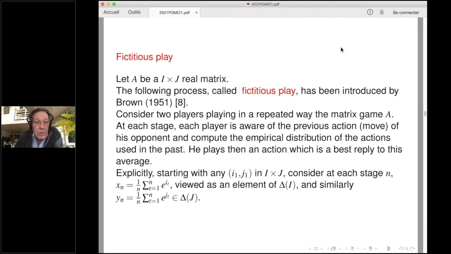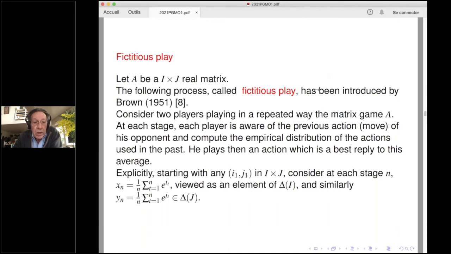So the game is repeated. Okay. In a repeated zero-sum game, it's clear that if at each time you play a best reply to what the other was doing, then you may get a cycle, and it's not very interesting. So the fundamental idea of Brown was to use memory. So the two players are playing in a repeated way the matrix.